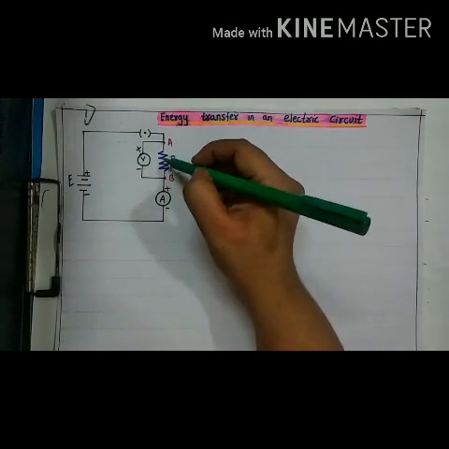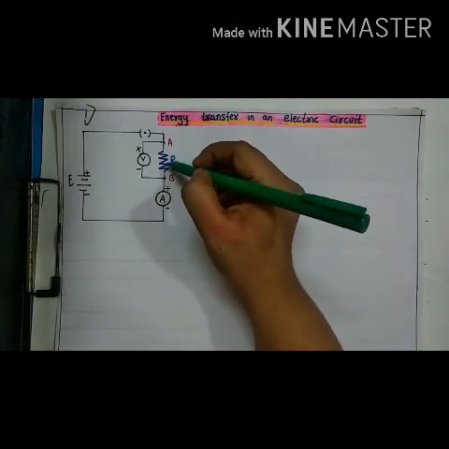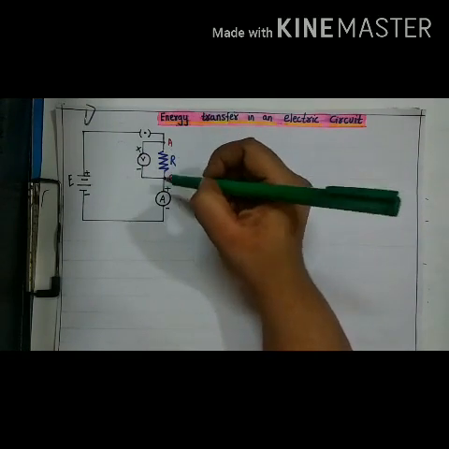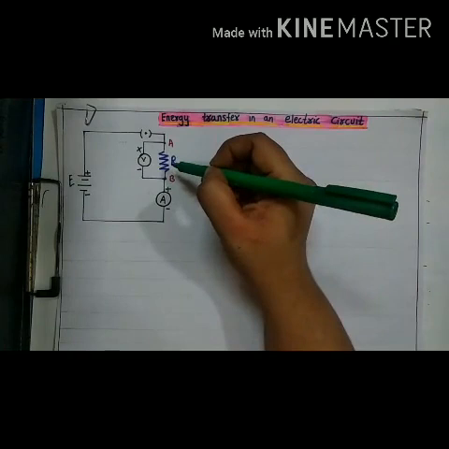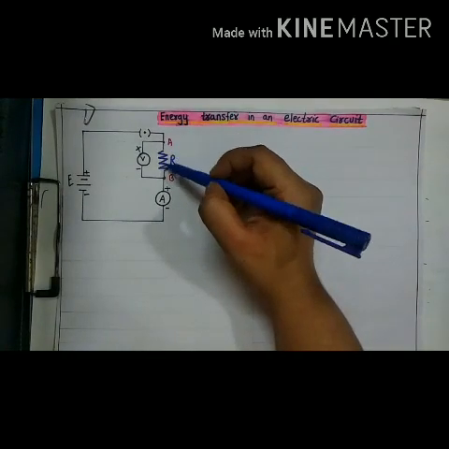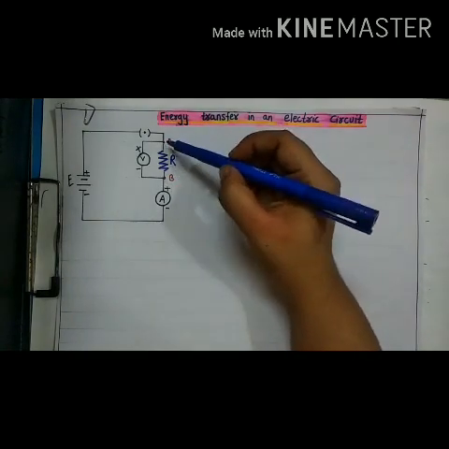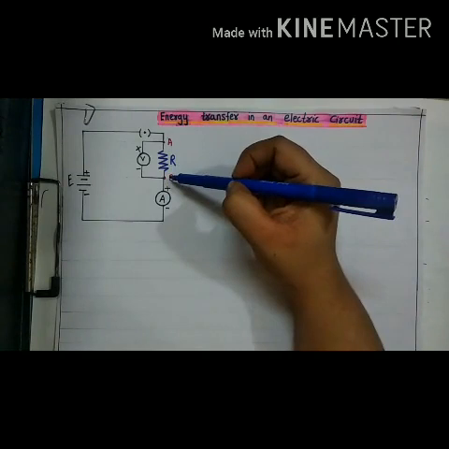And this blue line indicates that it is a resistor between A and B and it has a fixed value. Where the resistor is attached, the whole length of the resistor is called AB. So AB is the length of the resistor.